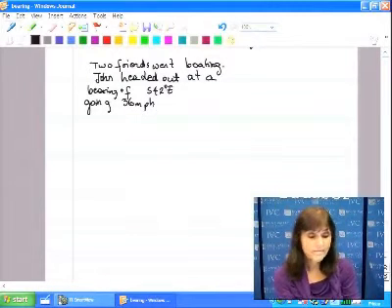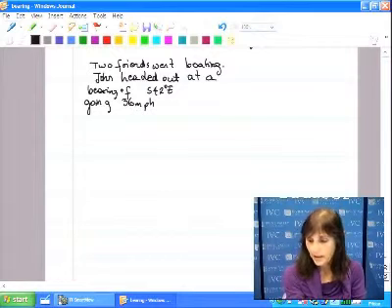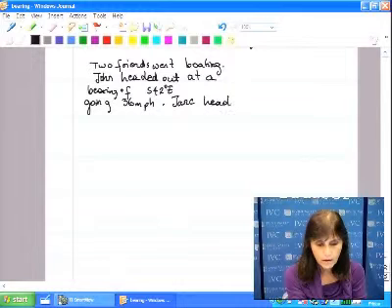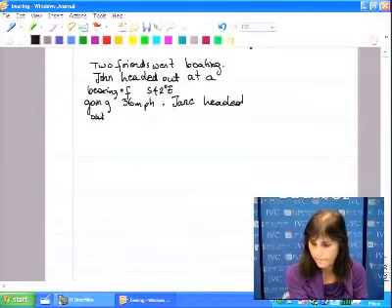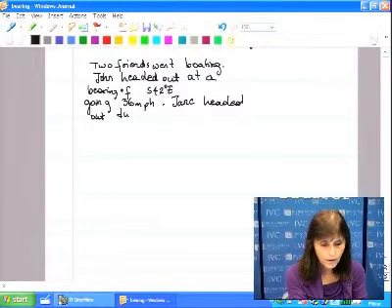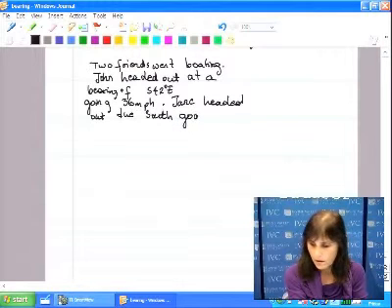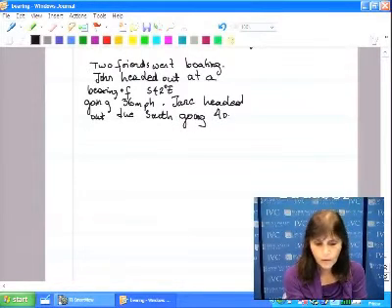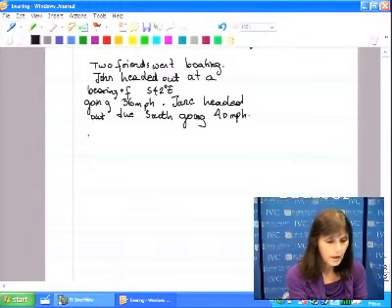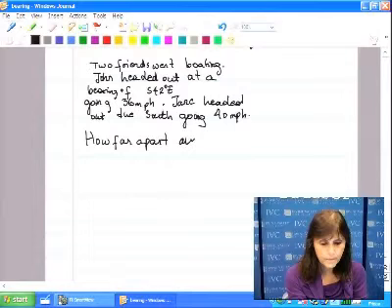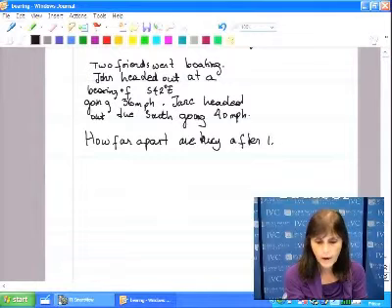He is on some kind of moped or something. Jane headed out due south, going 40 miles per hour. How far apart are they after 1.5 hours?